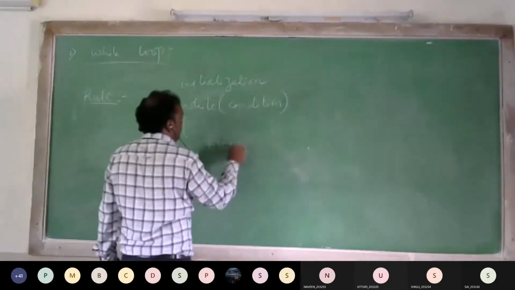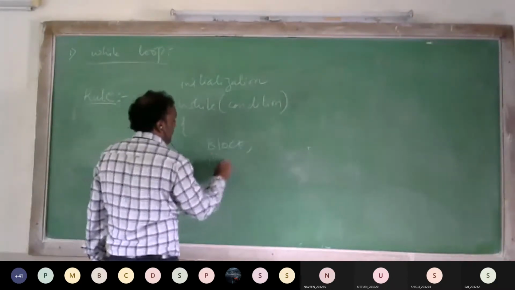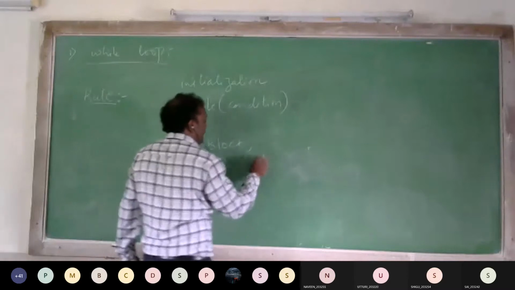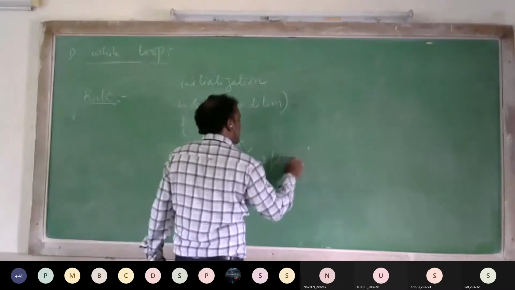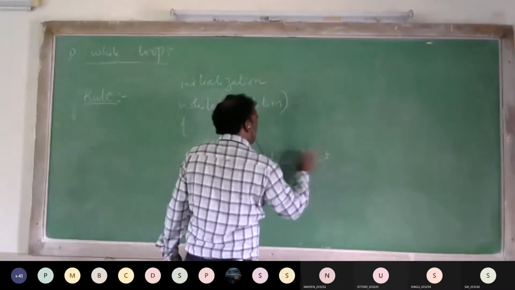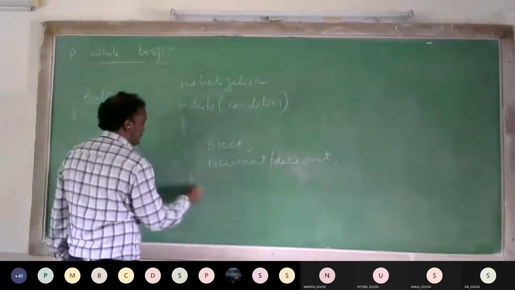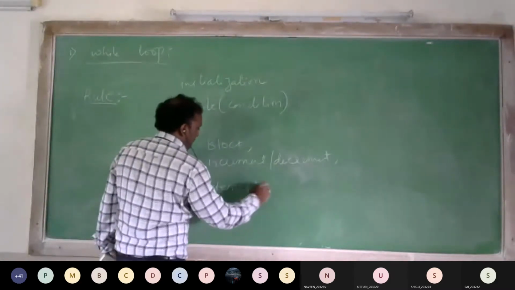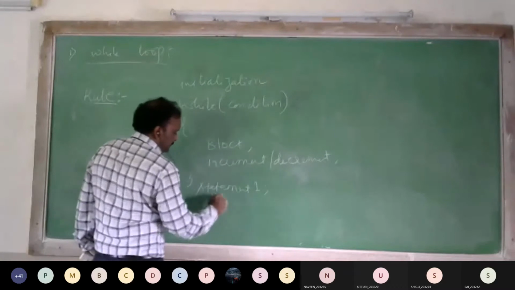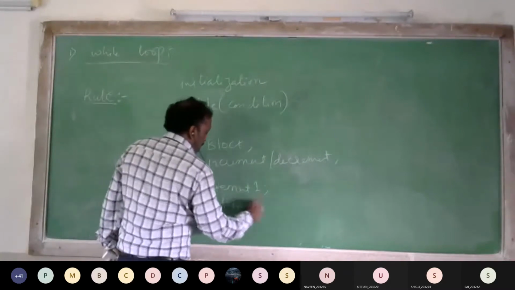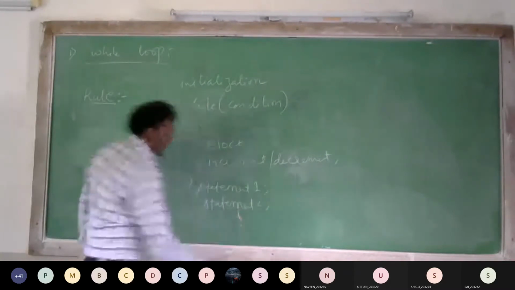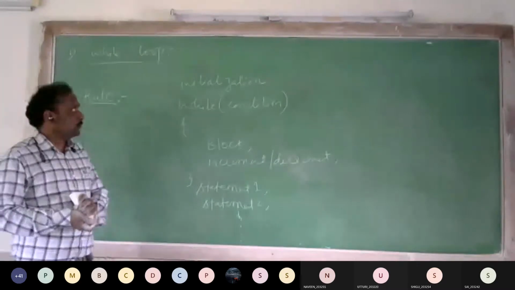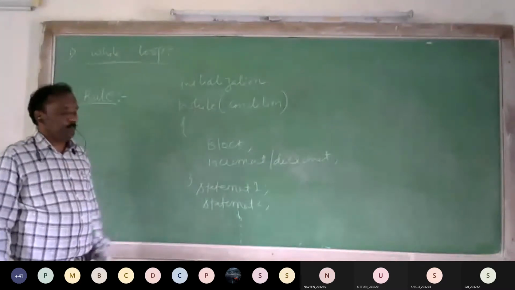Block: increment or decrement, statement 1, statement 2, etc. So this is the rule for while loop.